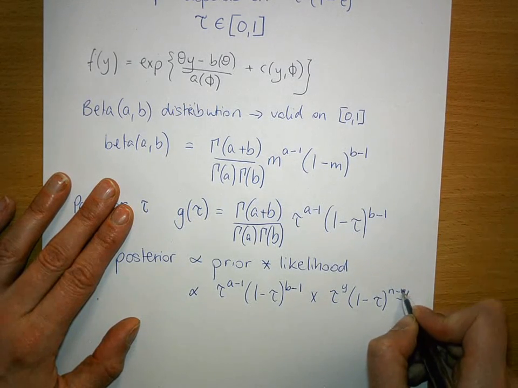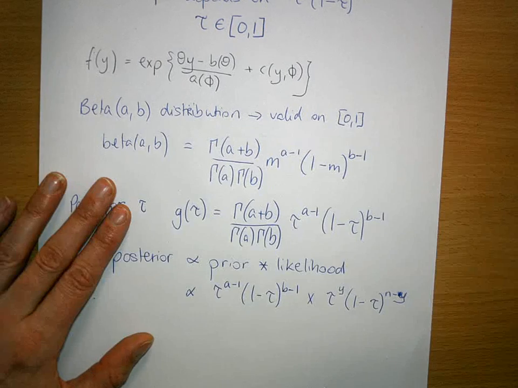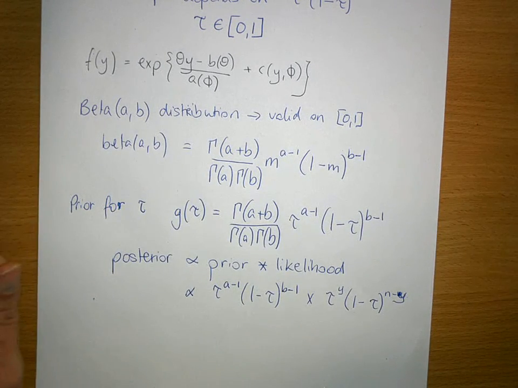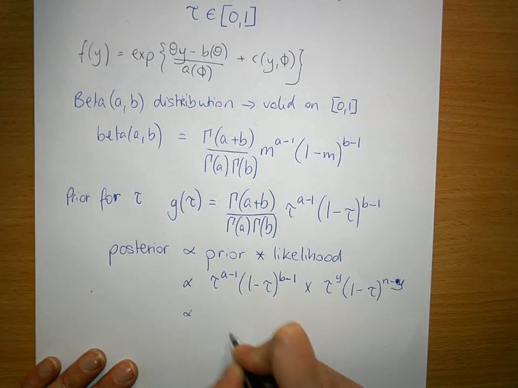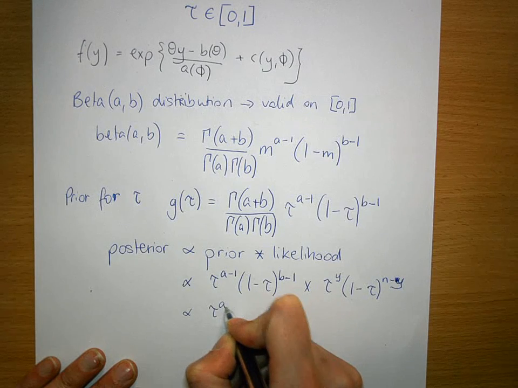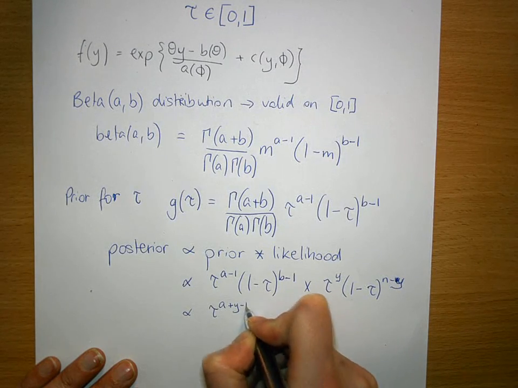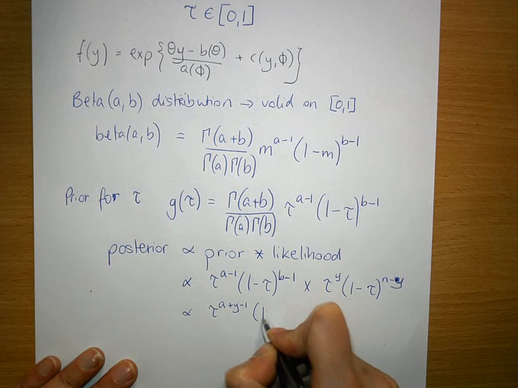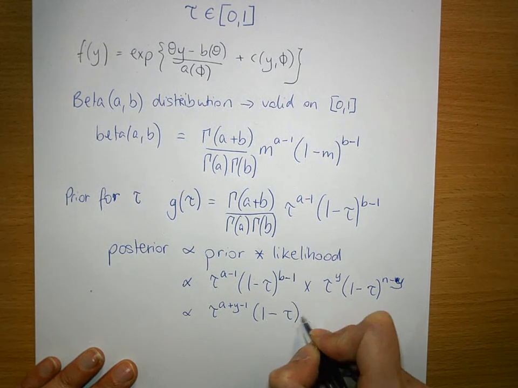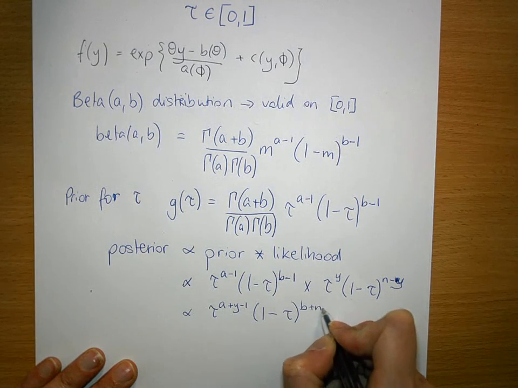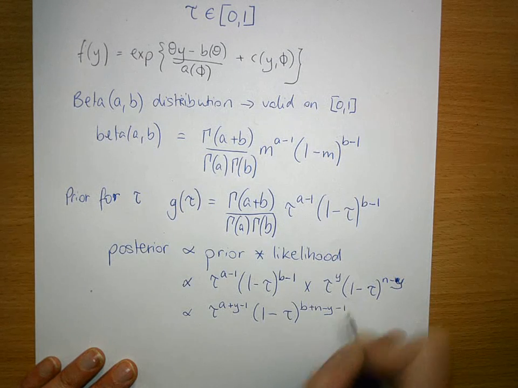Now what's your natural inclination? Hopefully it should be to group like terms together. This is proportional to tau to the a plus y minus 1, 1 minus tau to the b plus n minus y minus 1.